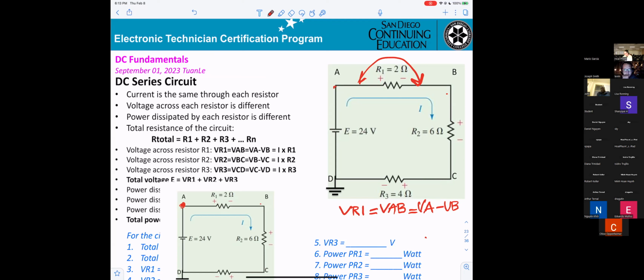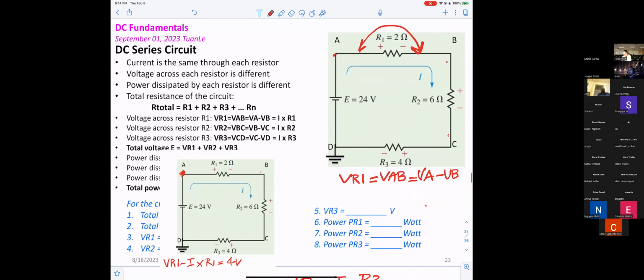And the same for VBC, that means VB minus VC, or VR2. Same thing, VR3 equals VCD, meaning VC minus VD. Everything here, they already calculated.